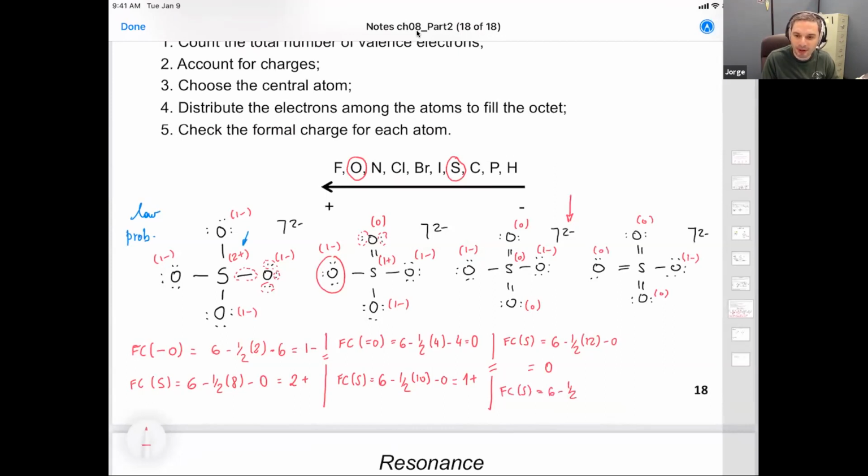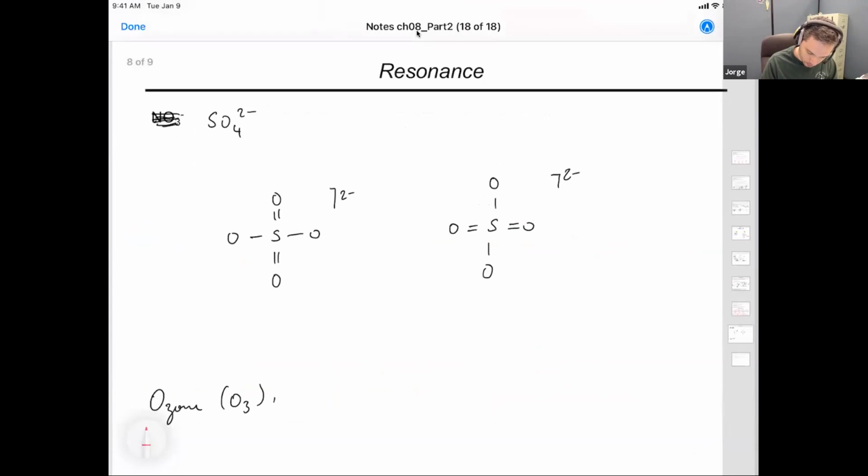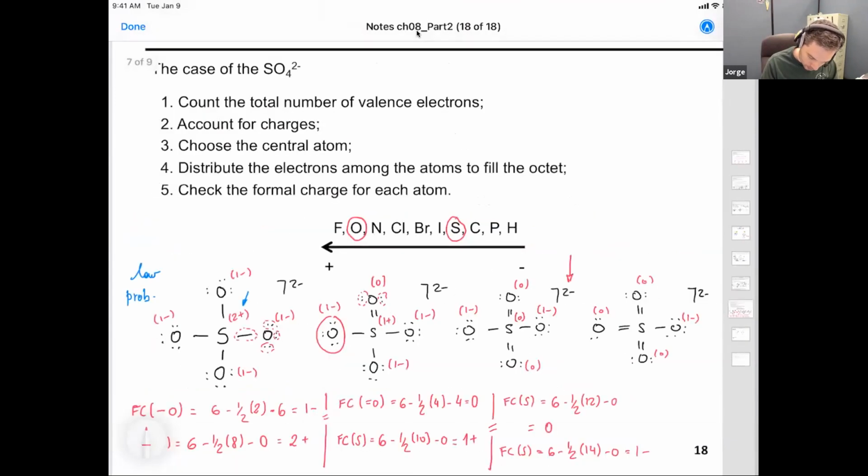Now we have 7 covalent bonds, therefore we have 14 bonding electrons and no non-bonding electrons. That gives us a formal charge for the sulfur equal to 1 minus. So adding an extra double bond compared to the third structure now put a formal charge of 1 minus at the sulfur. The sum of the formal charges is still 2 minus.